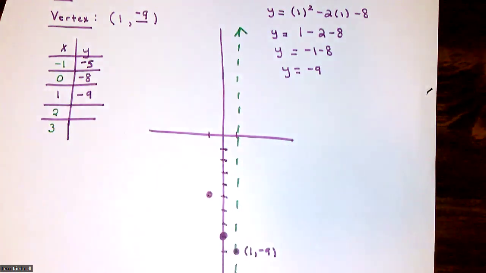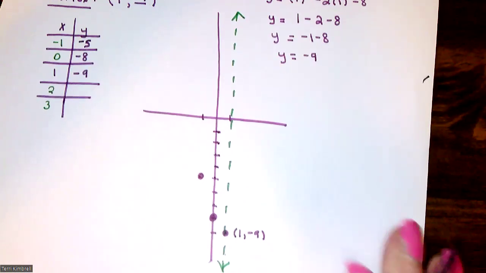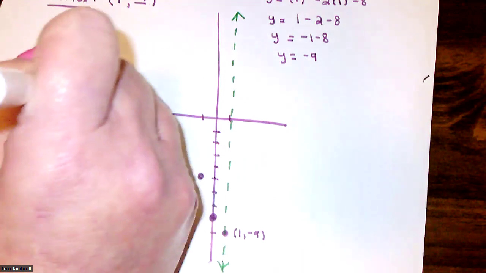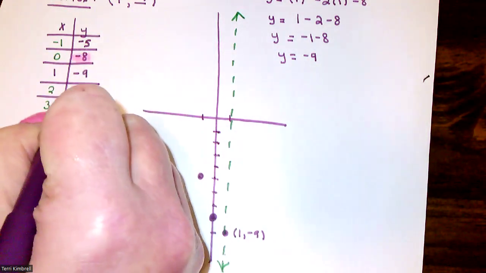So I'll go over here to -1 and get -5. Okay, so what you can know about your axis of symmetry is the points on the other side are going to be symmetric. So for example, if you have that as the vertex, that negative 8 is going to match up with your 2.